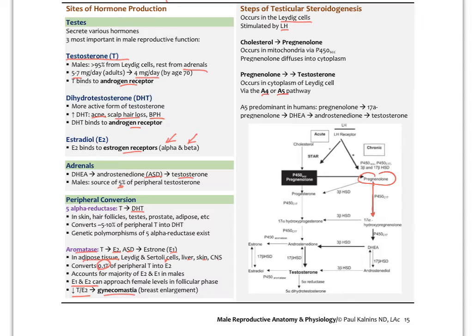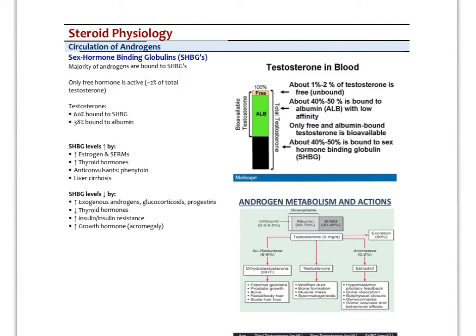That converts into DHEA, and then that converts into androstenedione, and then into testosterone. And then either via 5-alpha reductase into dihydrotestosterone, or by aromatase into estradiol. And again, androstenedione can be converted into estrone. So that is the A5 pathway, the most predominant pathway in humans. Okay, so that's, in a nutshell, the processes involved with testosterone.